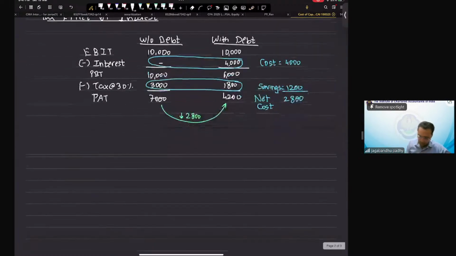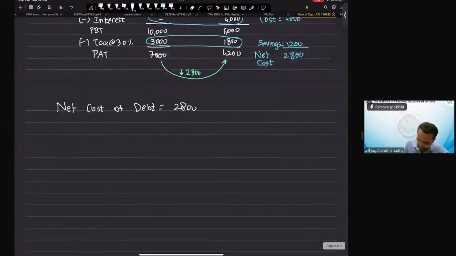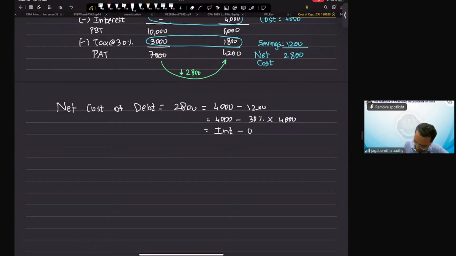So if I want to explain how this net cost of debt is arrived at: net cost of debt, as I said, is 2,800. This is arrived at 4,000 minus 1,200. This is nothing but 4,000 minus 30% of 4,000. This 4,000 is nothing but interest, so interest minus 0.3 into interest.